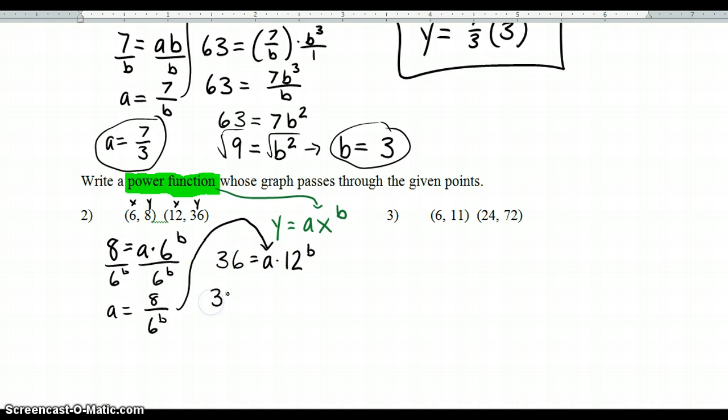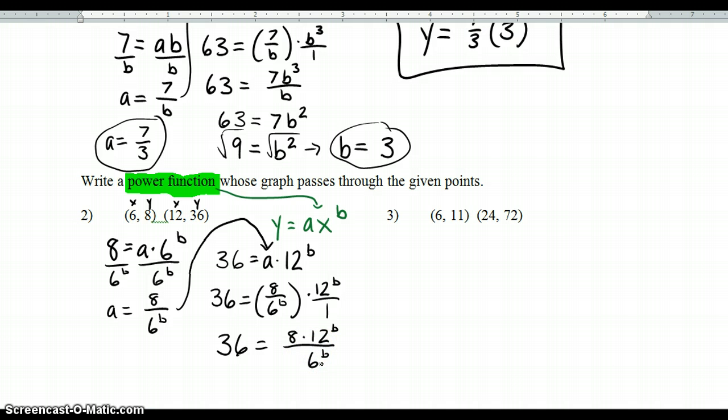So I've got 36 equals 8 divided by 6 to the b power, times 12 to the b power. Hopefully you recognize that this 12 to the b power is really just 12 to the b power over 1. So I can multiply straight across to get 36 equals 8 times 12 to the b divided by 6 to the b.